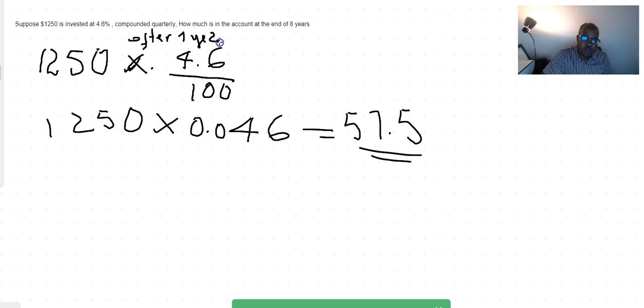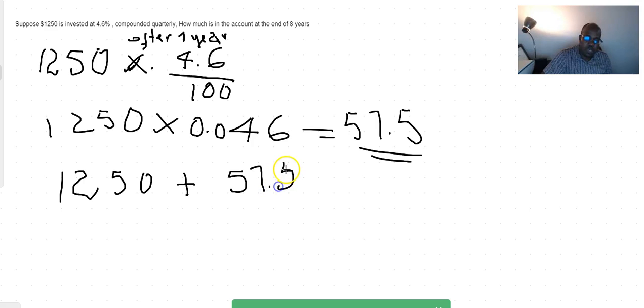What I'm gonna have 1 year from now is the initial capital, which is 1,250, plus the interest, 57.5. That's what I have after 1 year. Which means every year I'm gonna get this.